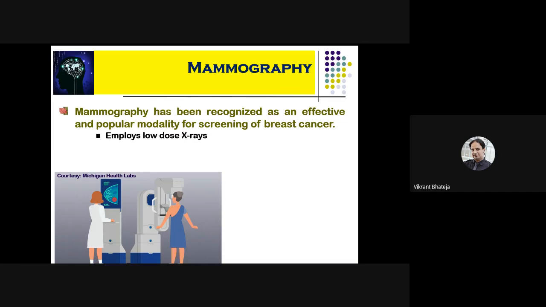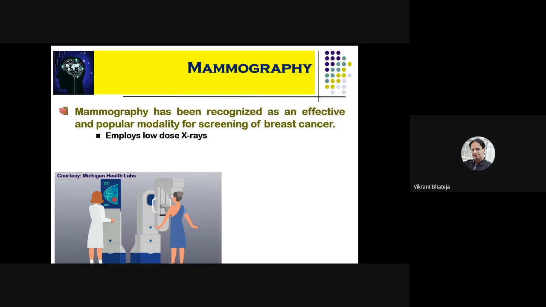But the reason for keeping the low dosage is that this area, the breast region, is a very, very sensitive area. So certainly the kind of radiation it is exposed to is not the same as when you are doing a chest X-ray, or maybe a bone X-ray of, say, a particular arm or wrist or a leg region. Certainly those images are clearer because heavy doses of X-rays can be used there.